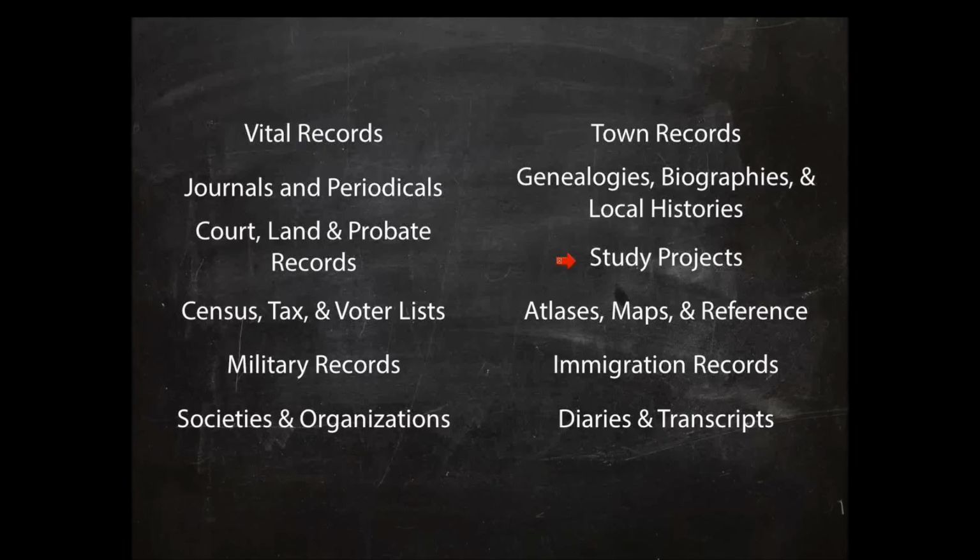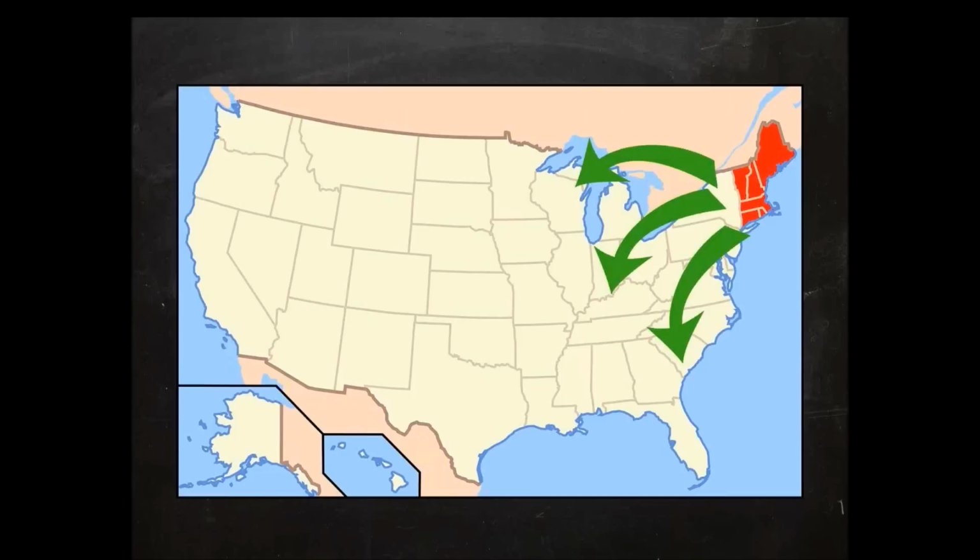And we also sponsor various study projects, the most famous of which right now is Robert Anderson's Great Migration Study Project, which compiles genealogical sketches of every person who immigrated to New England between 1620 and 1640, as well as our new Early New England Families Project, which continues that work further into the 17th century.